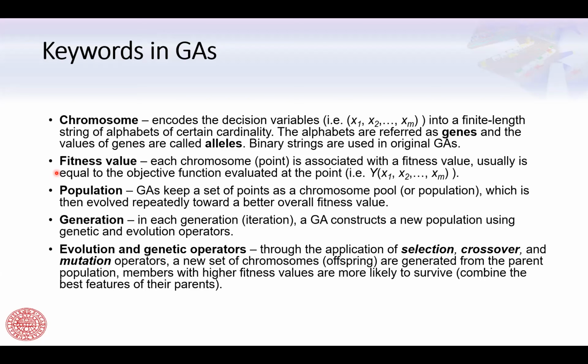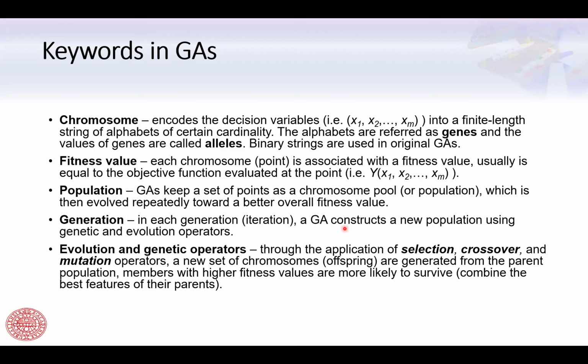The population is a pool of chromosomes, and each chromosome represents one single solution. That is what we mean by a population of solutions. And if you have a population concept, then moving from one population, from one generation to another, is called a generation iteration.